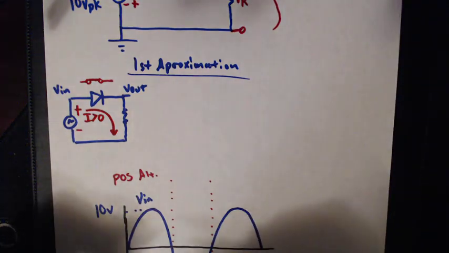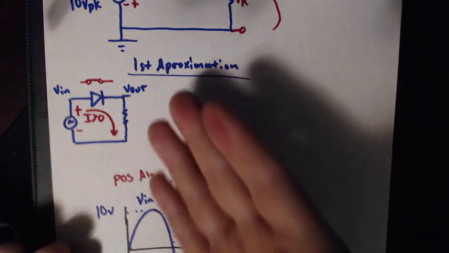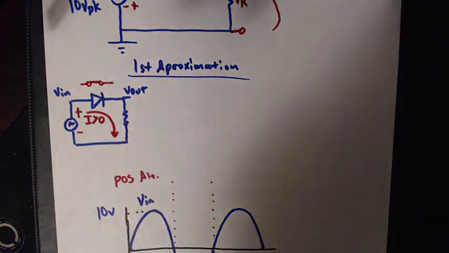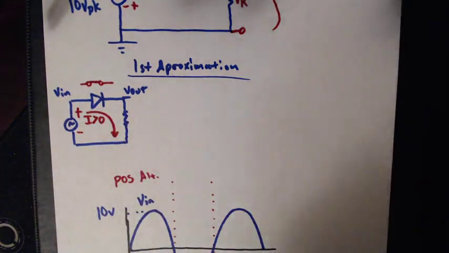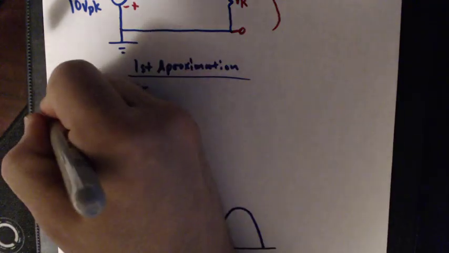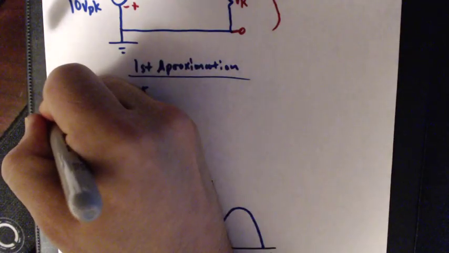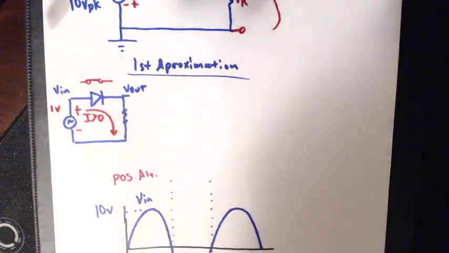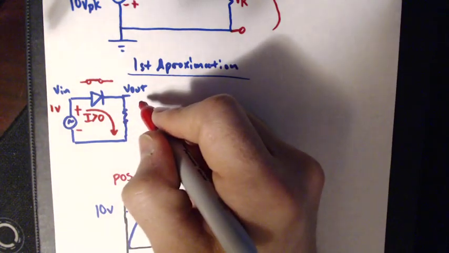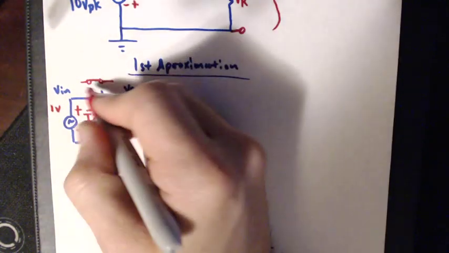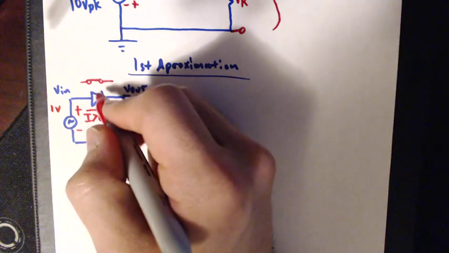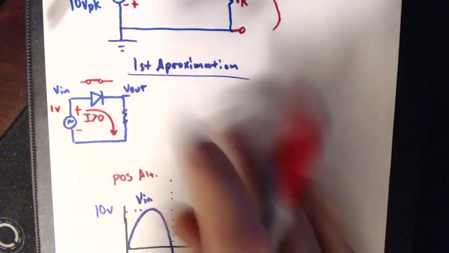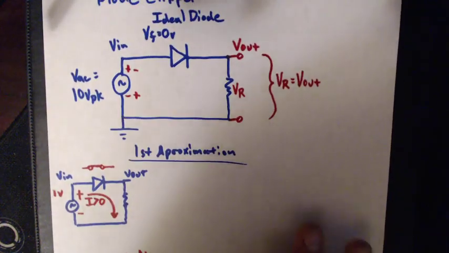Now we need to ask ourselves, what does V out do in this situation? Well, what happens if V in is 1 volt? What is V out? Assuming that this is a perfect diode with 0 volts of forward voltage, that's what's meant by an ideal diode.